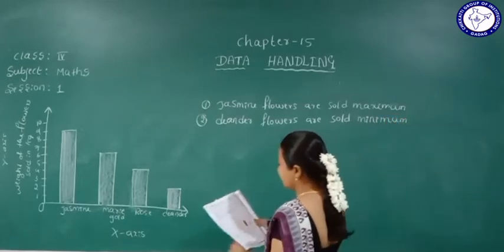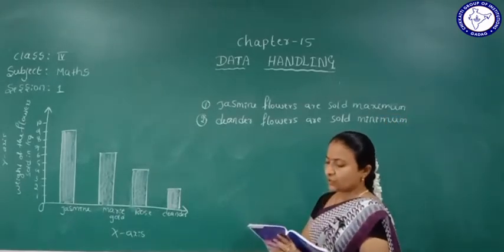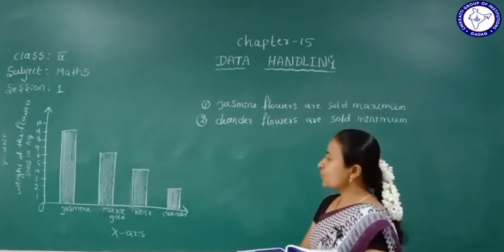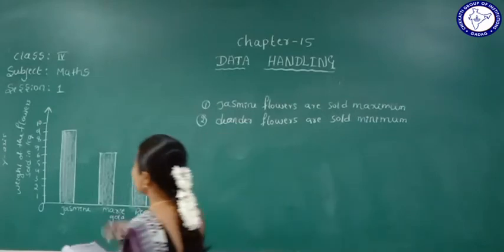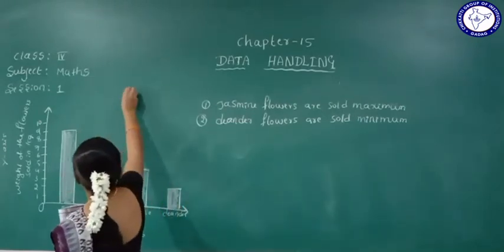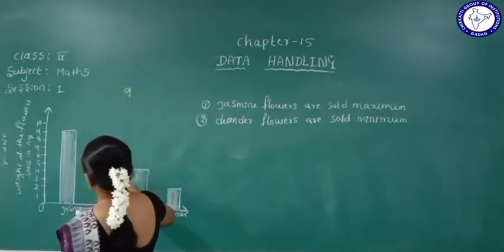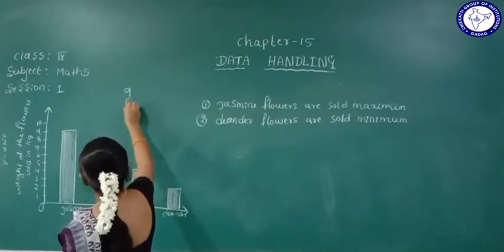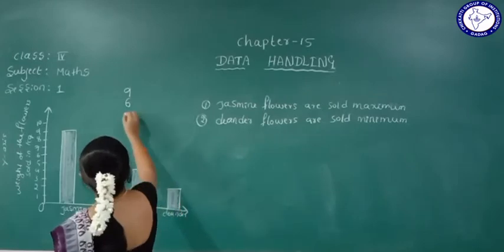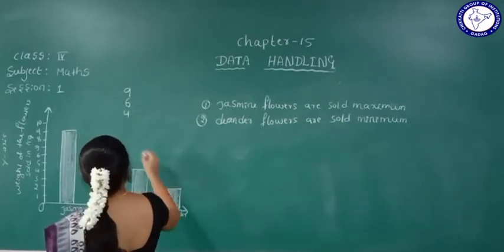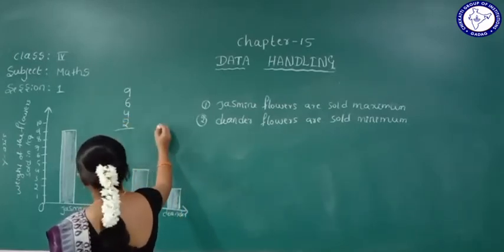Next question. What is the total weight of the flowers sold? Total flowers: 9 of jasmine plus 6 of marigold and 4 of rose and 2 of dender.